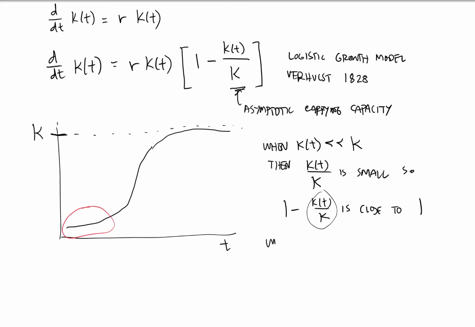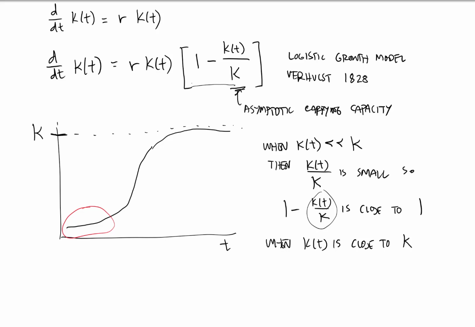When k of t is close to K, then k of t over K is close to 1, and then this term is going to be close to 0.